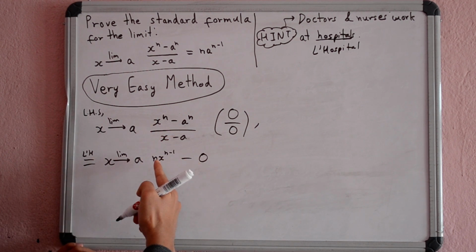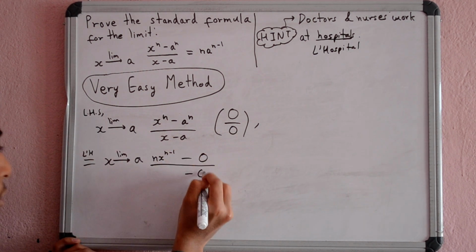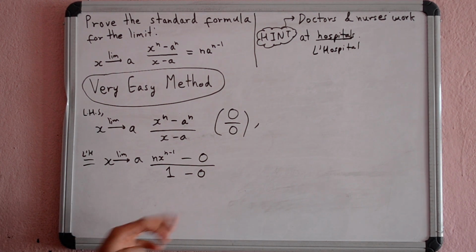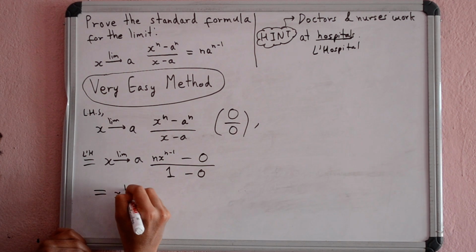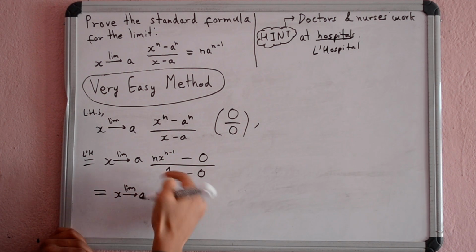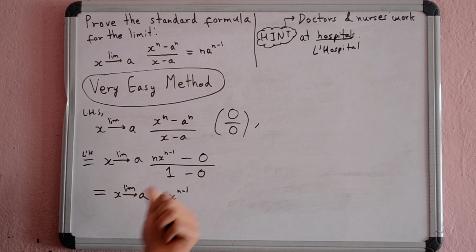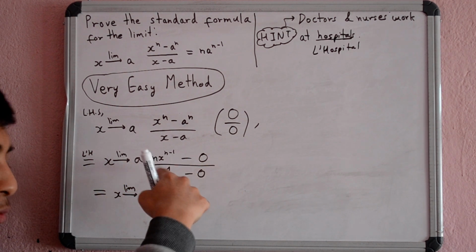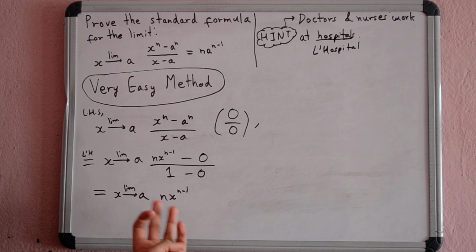So n x to the power n minus 1, and here this is also 0, and derivative of x is just 1. So this is equal to, just simplifying this, n x to the power n minus 1. Here we're not using L'Hospital's rule, of course, we're just doing the next step, which is just removing the zeros and ones. So now we can take the limit, or can we?